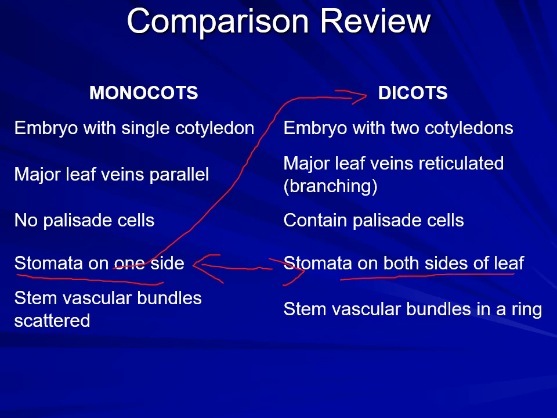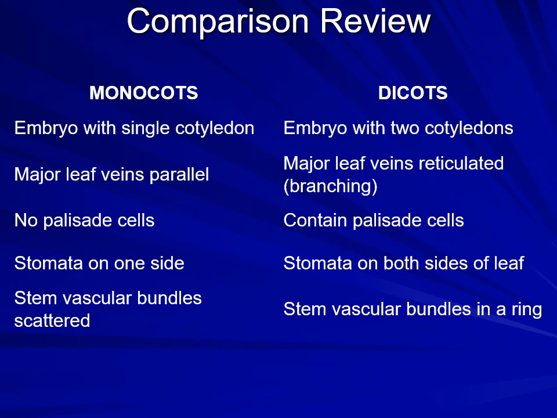Stomata on both sides, that's monocots. Haha. Almost tricked myself. Lastly, when we learned about stems earlier, we talked about how vascular bundles are scattered in the stem of a monocot, and vascular bundles are in a ring in dicots.